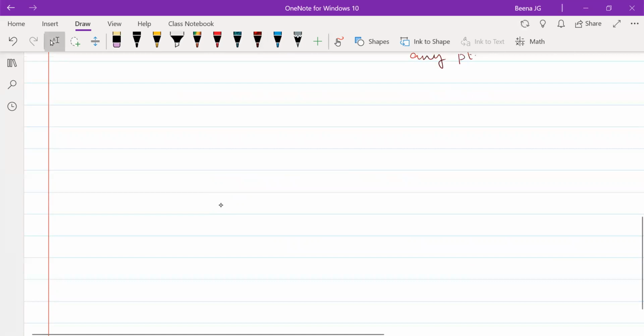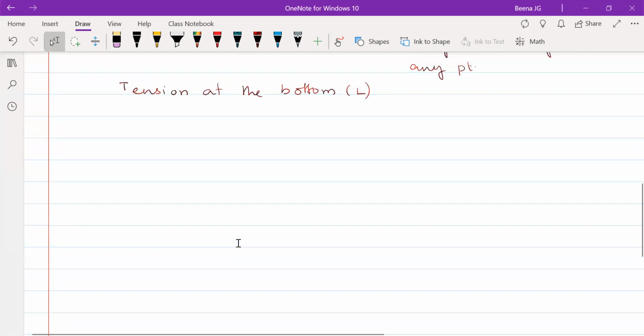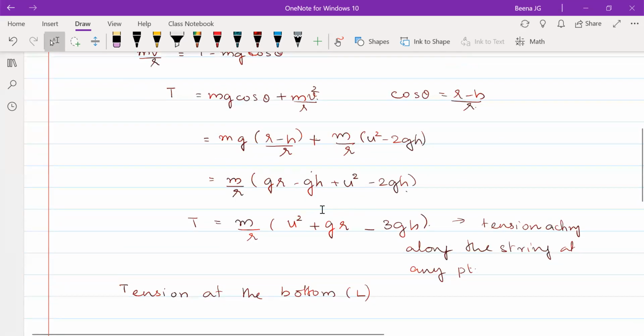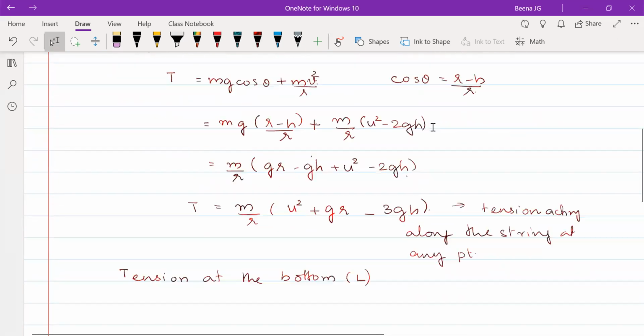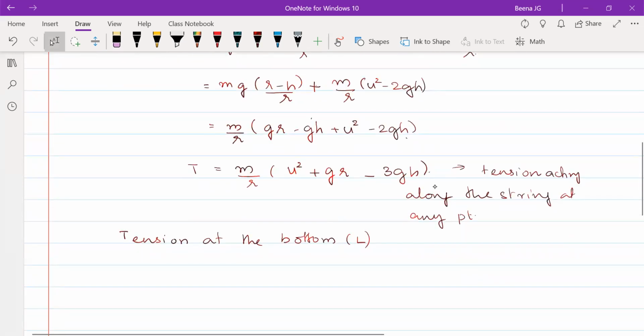First, we are taking tension at the bottom, that is at the lowest point. That's point L. So at the point L, h is equal to 0. So you can see in the previous equation that we have taken, h will be 0.